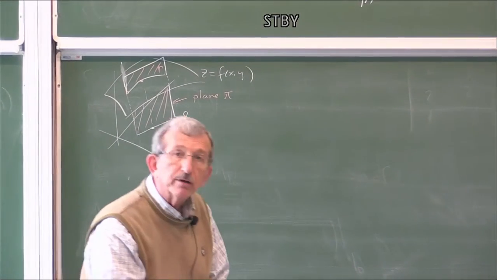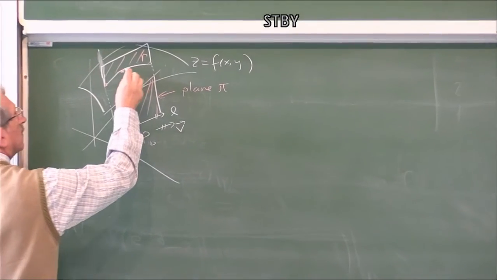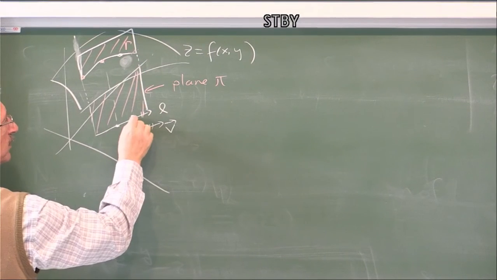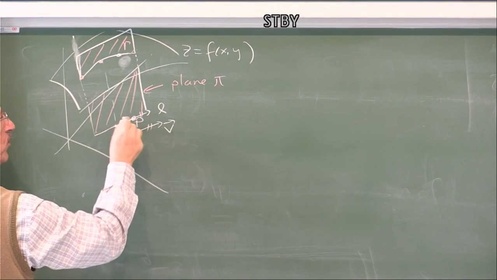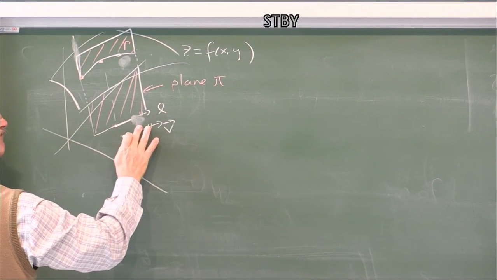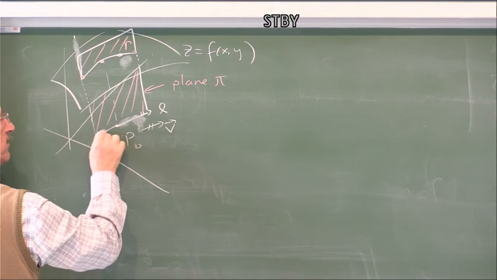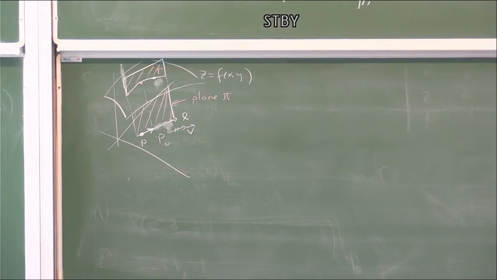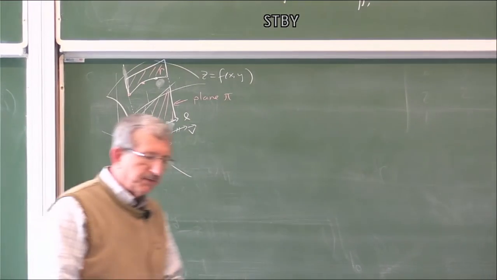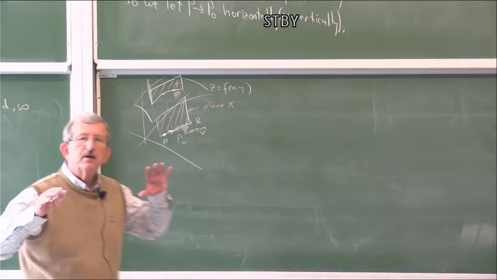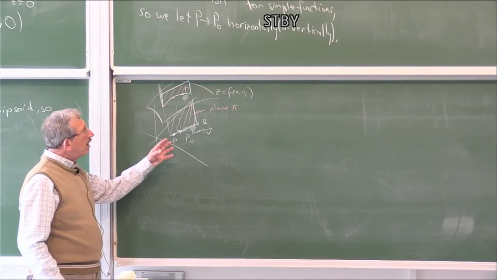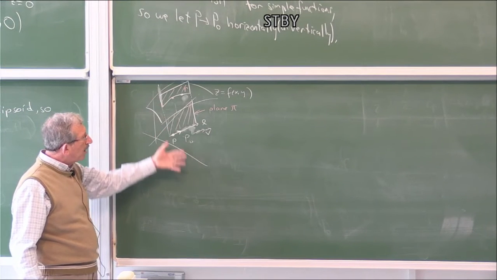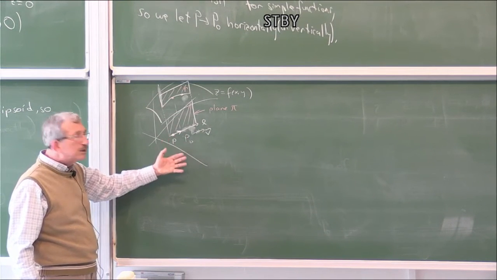Now we take a point p and move it towards p0. Note that even though we started with a surface in space, we are talking about the plane pi. Everything happens on pi because p is on pi, p0 is on pi, and so on.